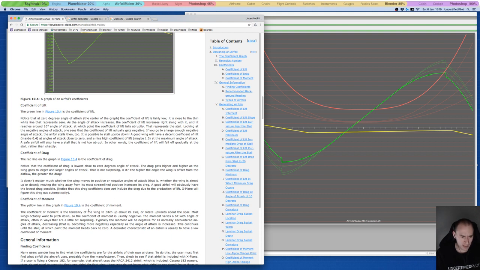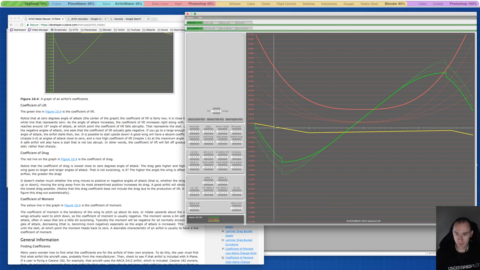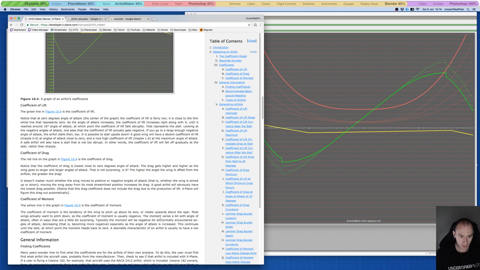The coefficient of moment is the tendency of the wing to pitch up about its axis, or rotate upwards about the spar. Most wings actually want to pitch down, so the coefficient of moment usually is negative. We see that as well. The moment varies a bit with angle of attack, often in ways that are a little bit surprising.